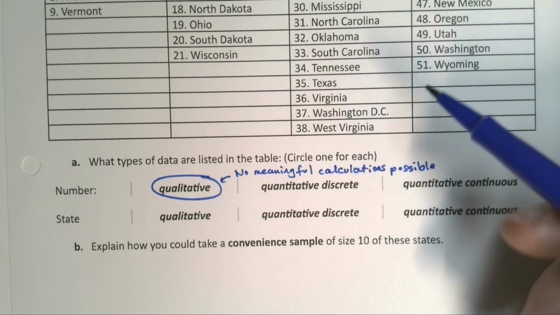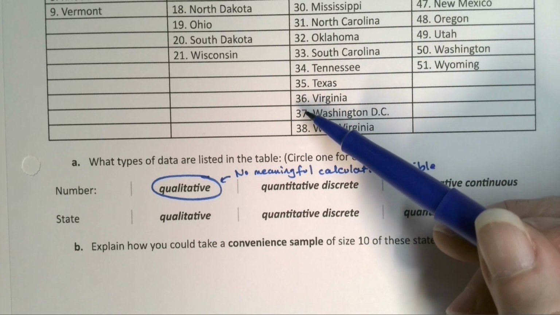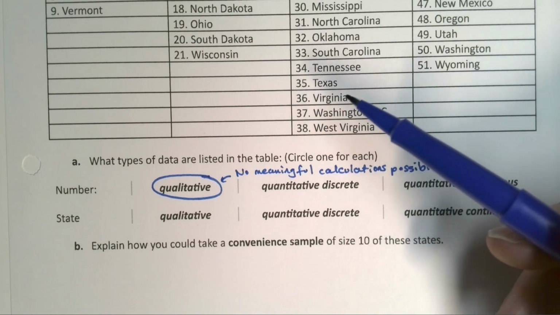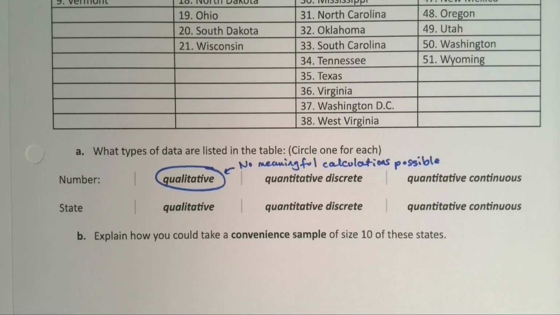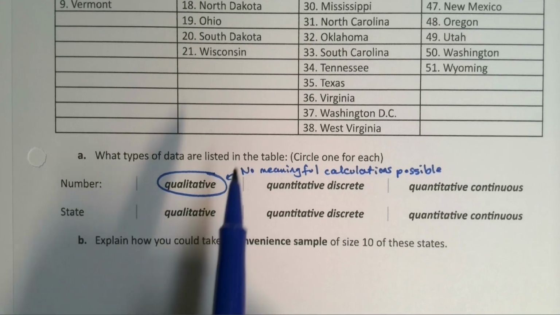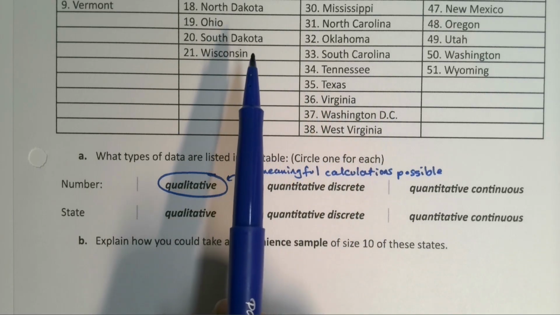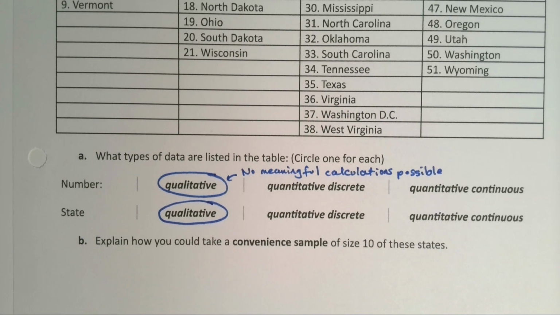For example, you can't add Virginia's number to West Virginia's number, add them up and divide by 2, you get 37. It doesn't mean anything, right? So they are qualitative numbers. It's the same as ATM numbers or social security numbers. And the state, well, those are words, so that's rather obviously qualitative. Just a little review there.